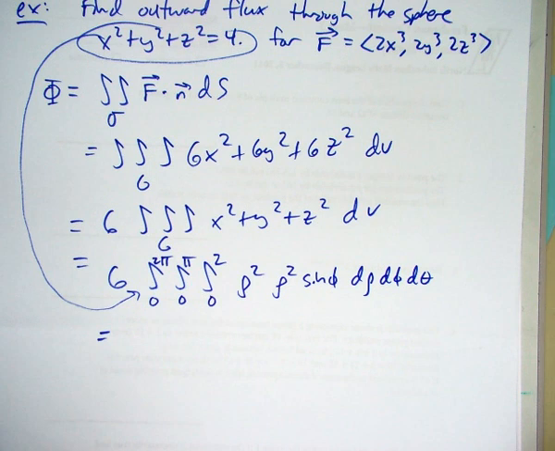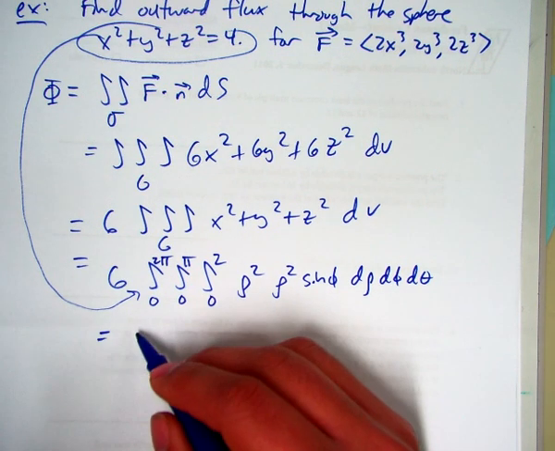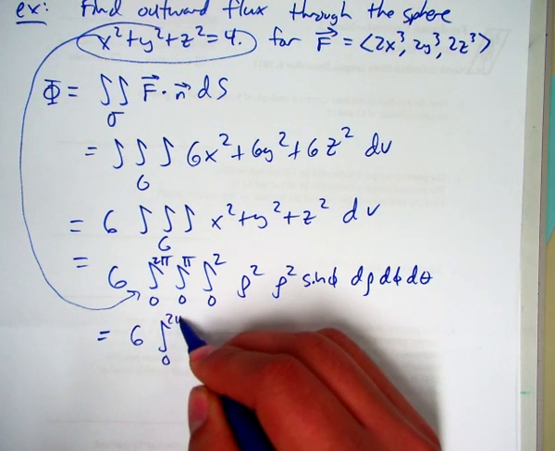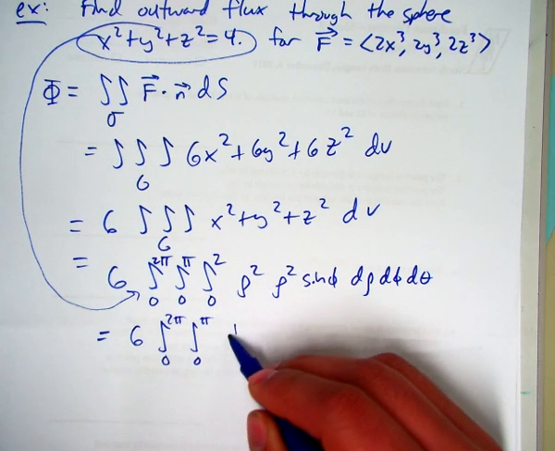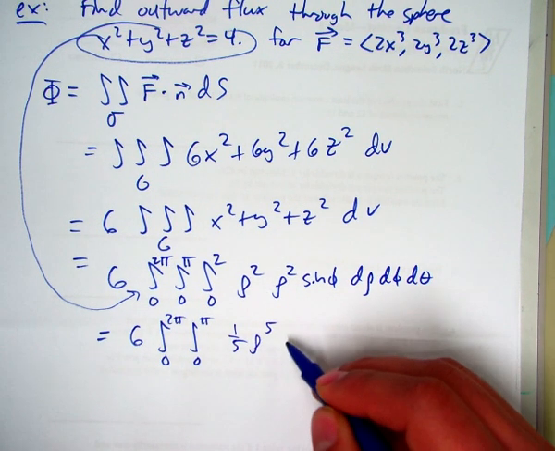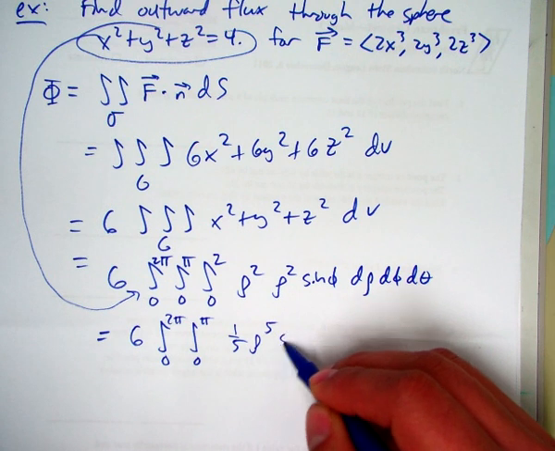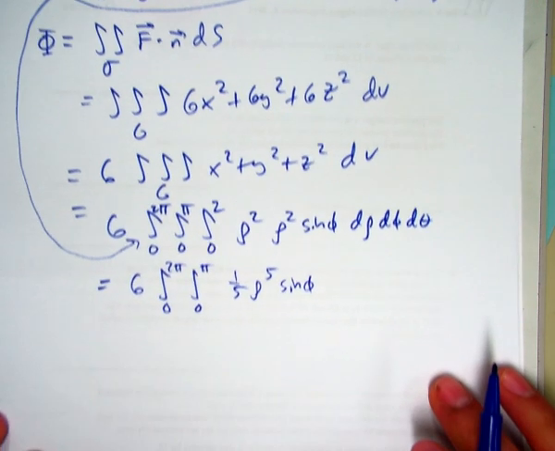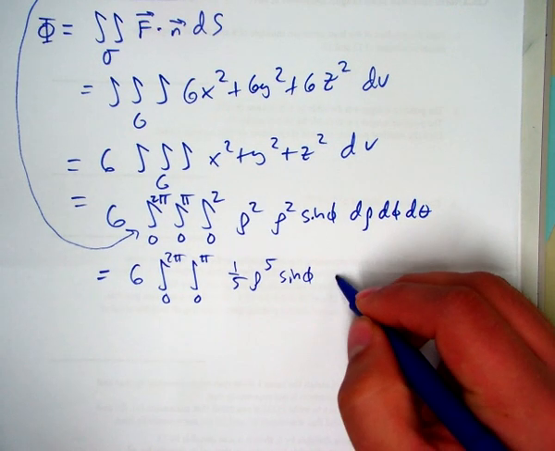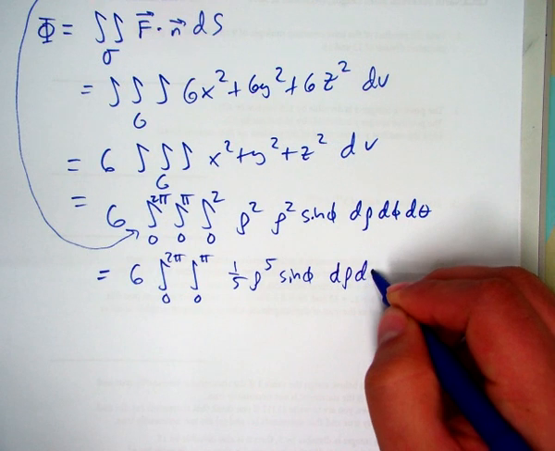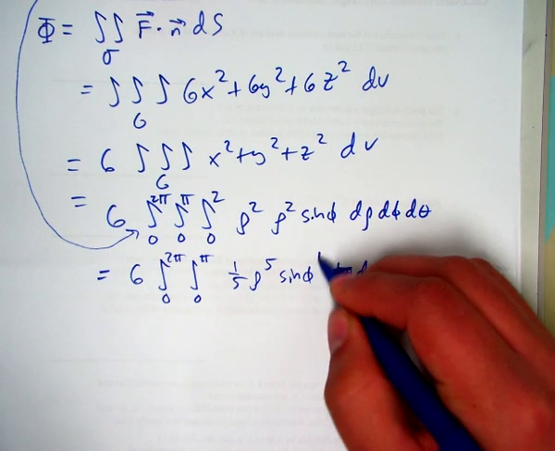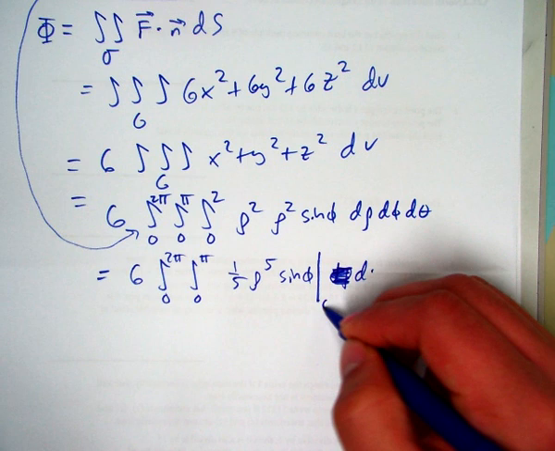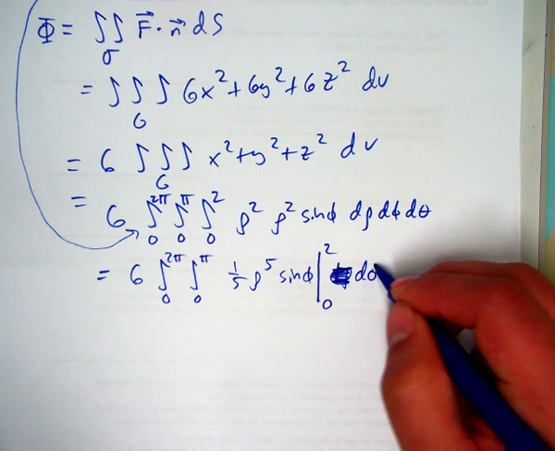All right, so let's see. We get 1/5 rho to the 5th, and rho is from 0 to 2.